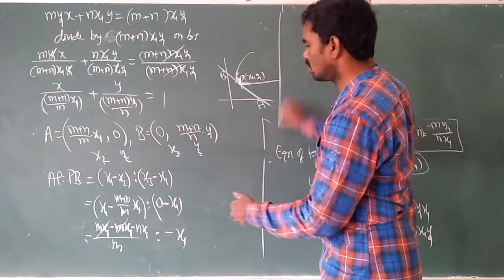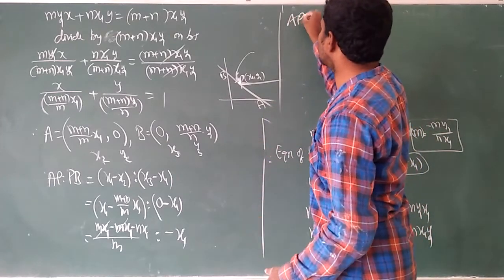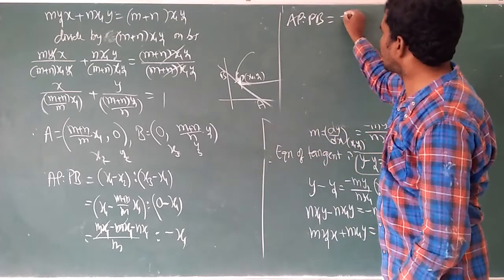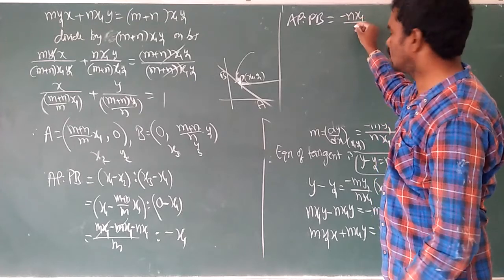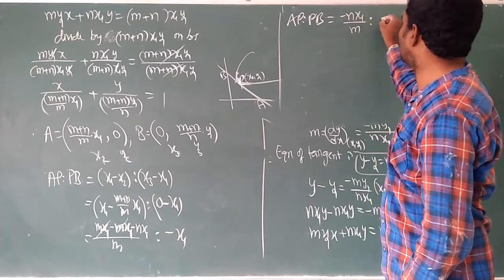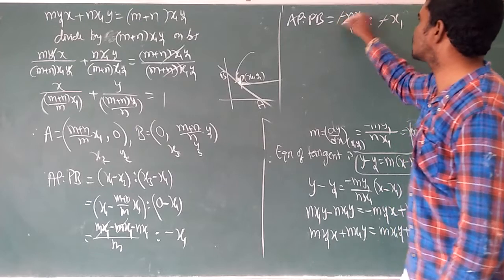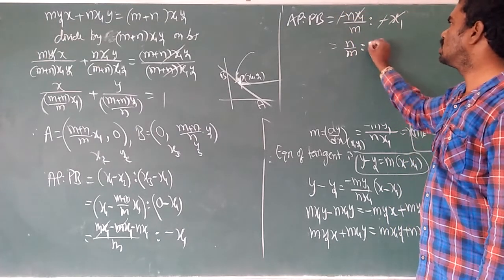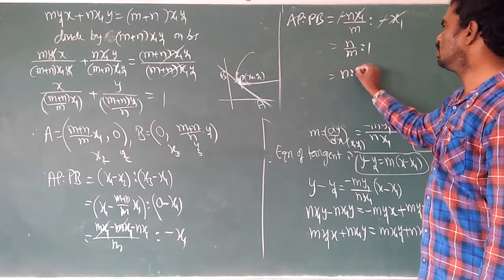Then the ratio AP is to PB is equal to, what is remaining? Minus n x1 by m is to minus x1. Minus minus cancel, x1 cancel. So remaining is n by m is to 1, which is called n is to m.